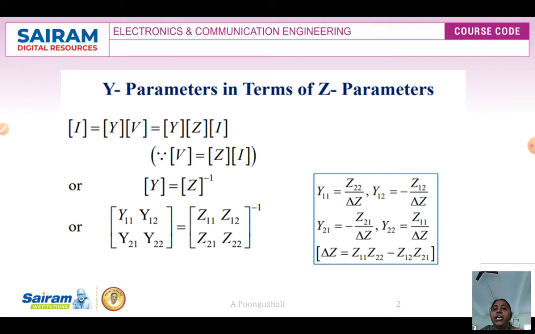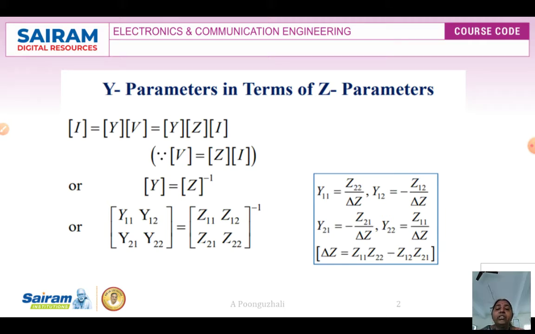Now if I relate it in this expression, here Y is nothing but your Z inverse. We know that admittance is nothing but the inverse of impedance. So we write the Y matrix, Y11, Y12, Y21, Y22, is equal to the inverse of the matrix Z11, Z12, Z21, Z22.